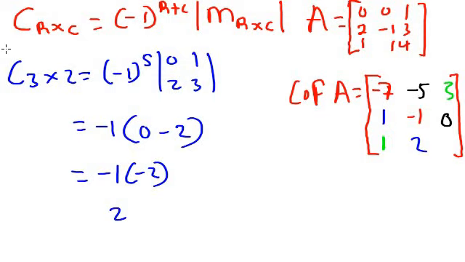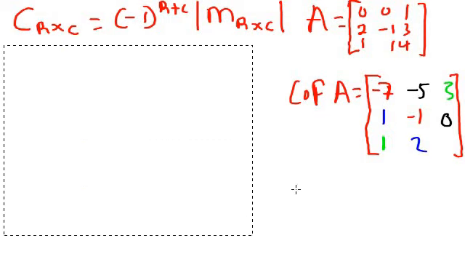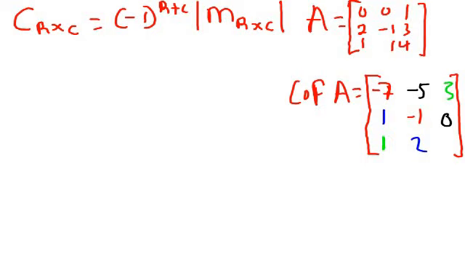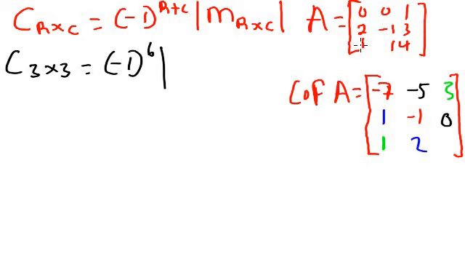And lastly, we are considering the element in the third row, third column. So that will be equals to -1 to the power of 6. Now what will be its minor matrix? Third row, third column.